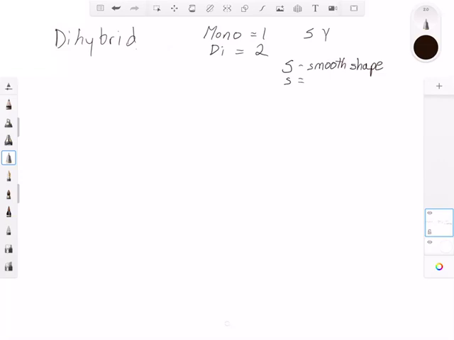This is kind of why I don't like to use s's, is because sometimes it's hard to tell between the capital and the lowercase. So we're going to say lowercase s is wrinkled. Then we're going to say that capital Y is yellow color, and that lowercase y is green.